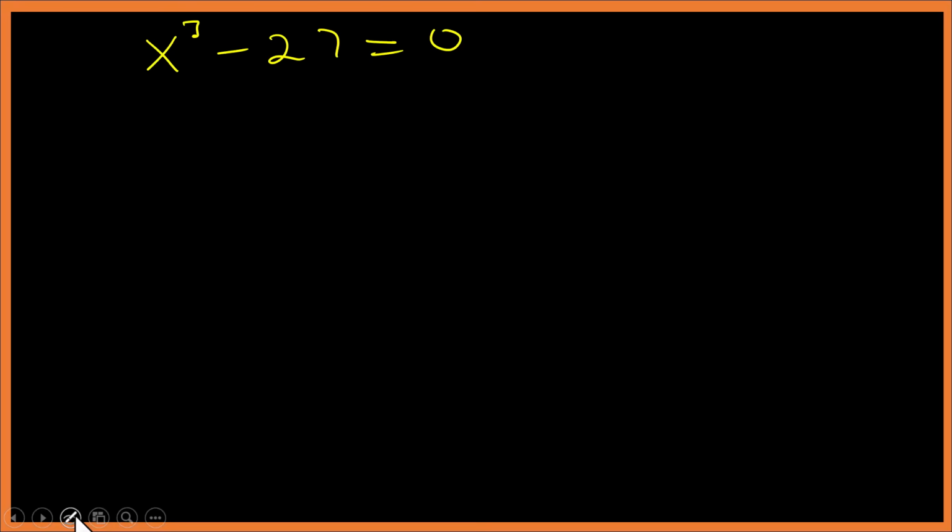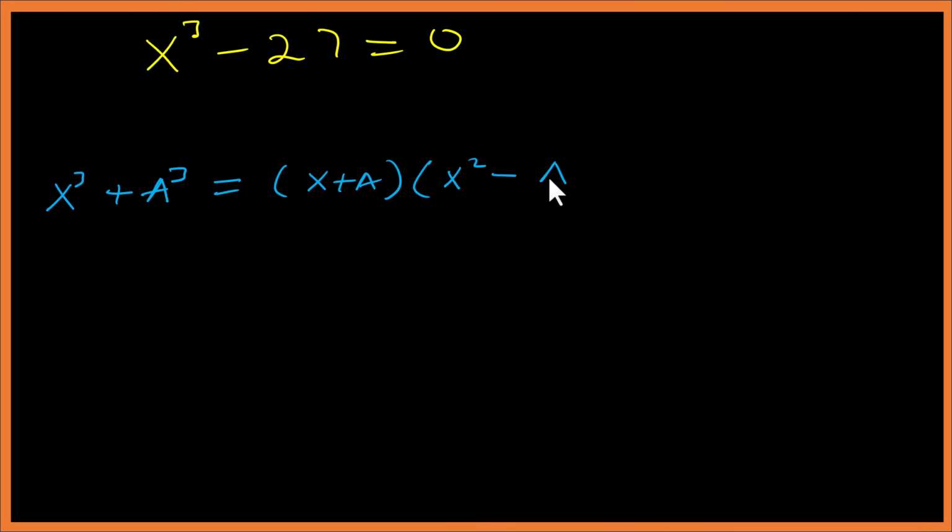Now let's understand the difference and sum of cubes. When we have x cubed plus a cubed, it equals x plus a times x squared minus ax plus a squared. This one is called the sum of cubes.